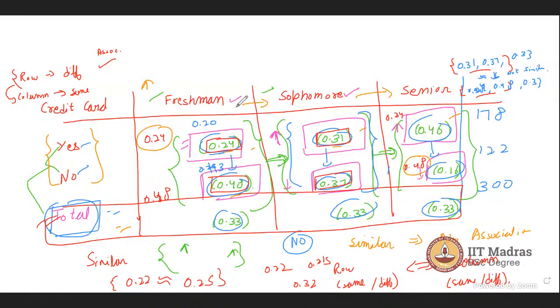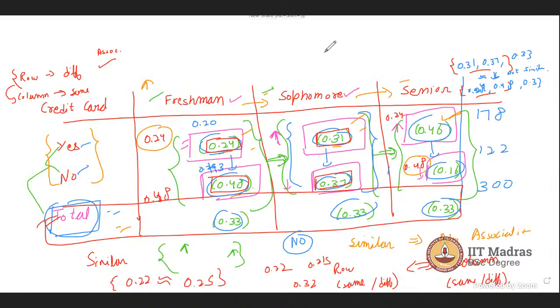It means that as the student keeps on graduating, their chances of owning a credit card keep on increasing, from 24, 31 to 46, right? So I can say that there is something to do with their year of graduation with owning the credit card. I can conclude something like that from this data, right?